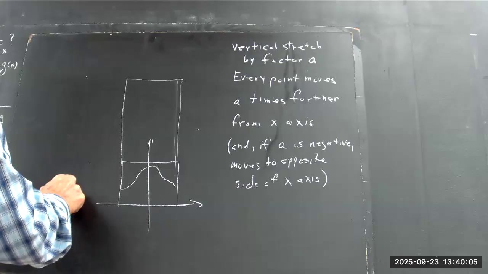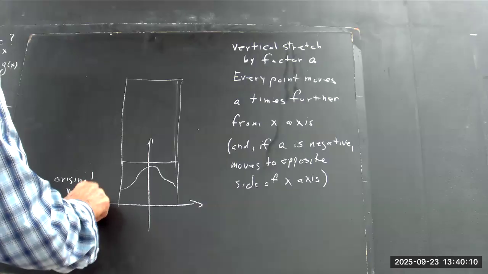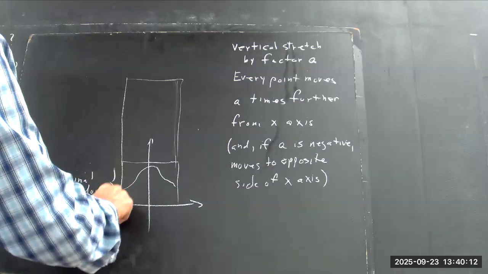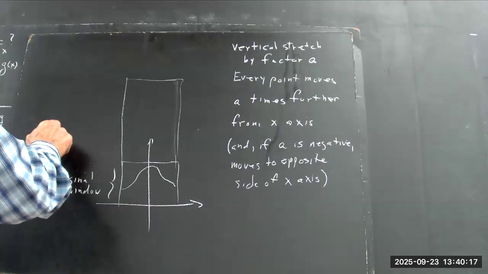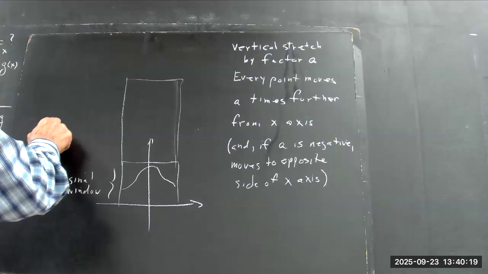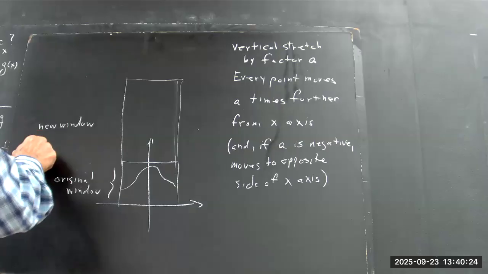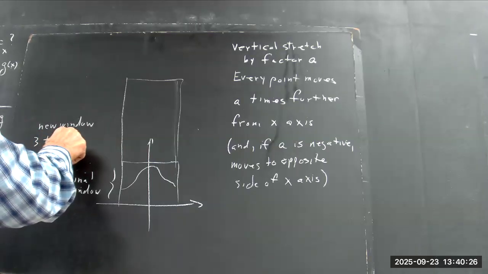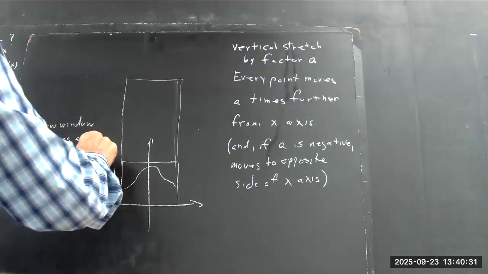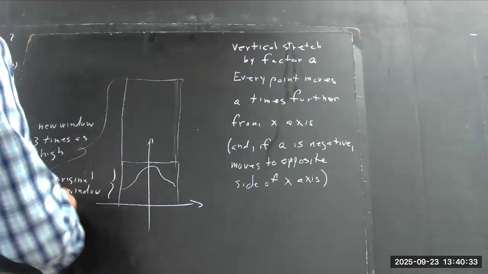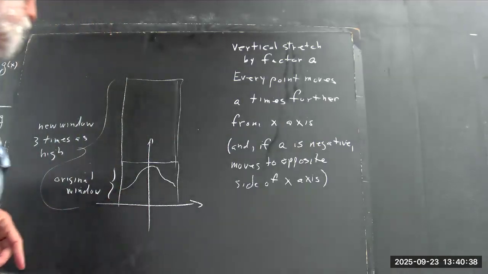So this is the original. Now the window is 3 times as high, and that goes from here all the way up. You make the corresponding points in the graph.